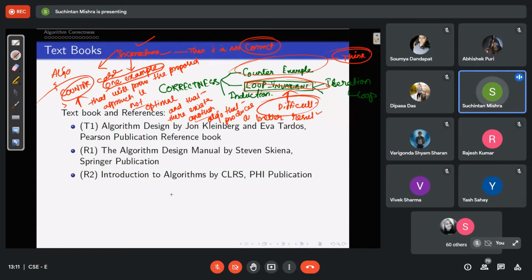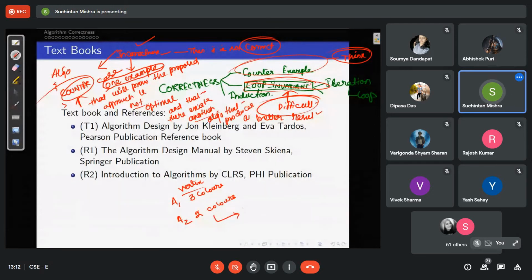Let us consider this with an example. Let there be algorithm A1 and let there be algorithm A2. Let us consider the concept of vertex coloring that I have discussed already with you. Suppose A1 takes 3 colors and A2 takes 2 colors. Now in this case, if I can say that this is not the optimal algorithm, how can I show it?